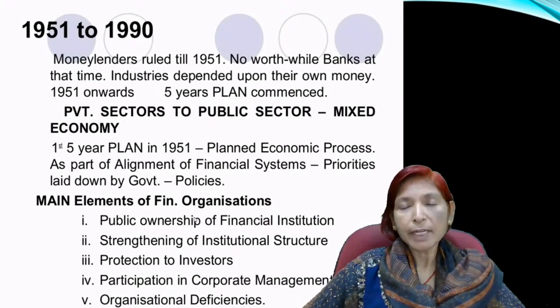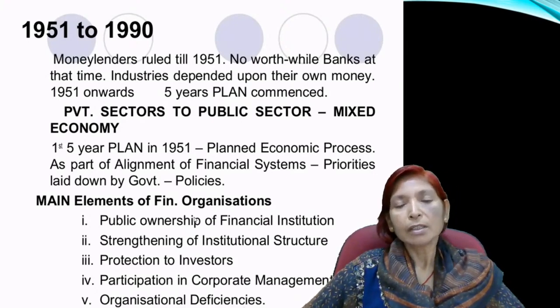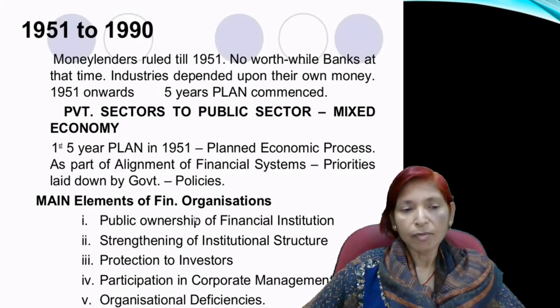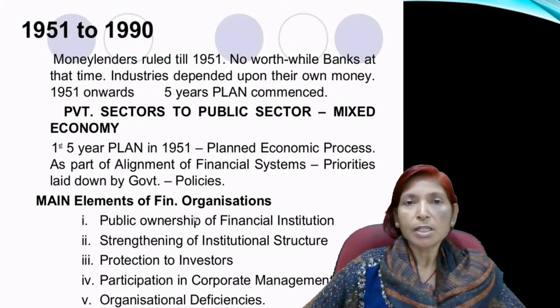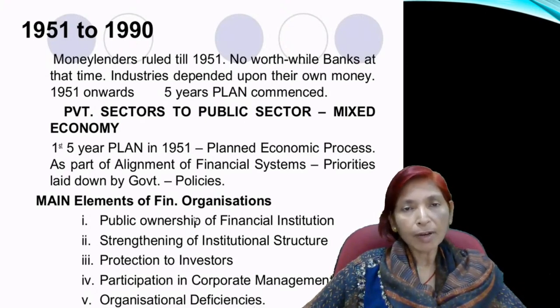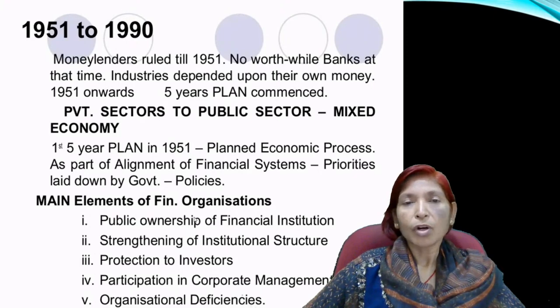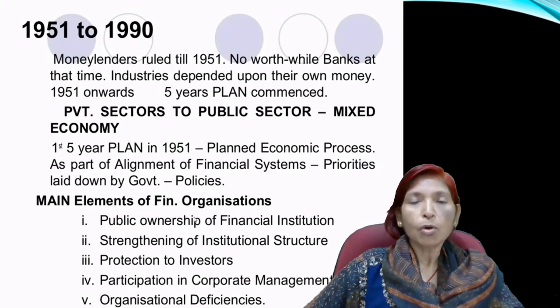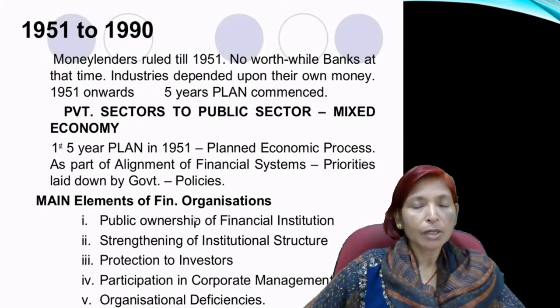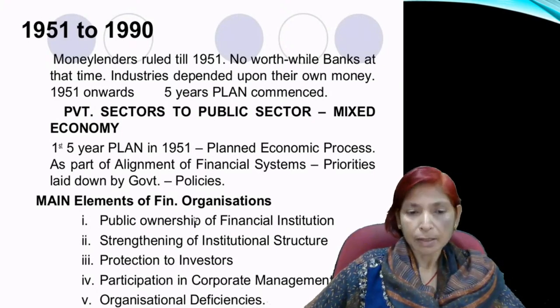So these are the main elements of financial organization, in which public ownership was the main thing, because at that time all the financial market was controlled, organized or run by the public sector.